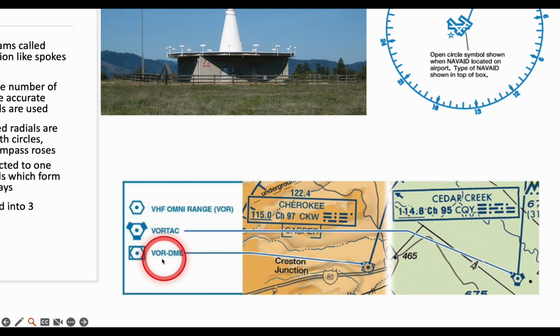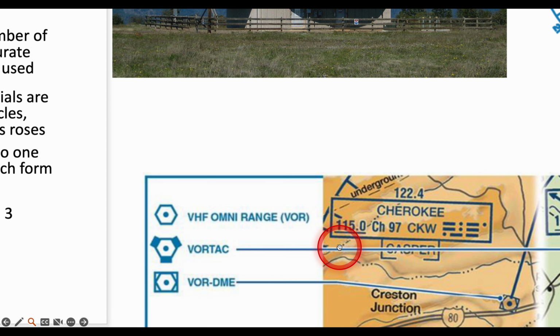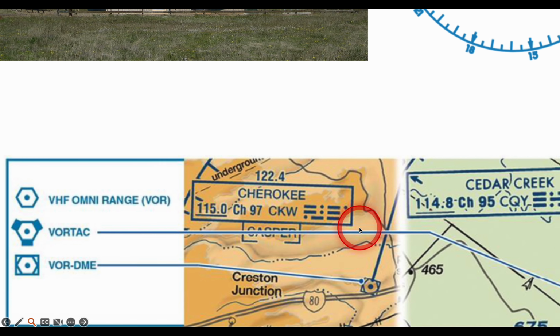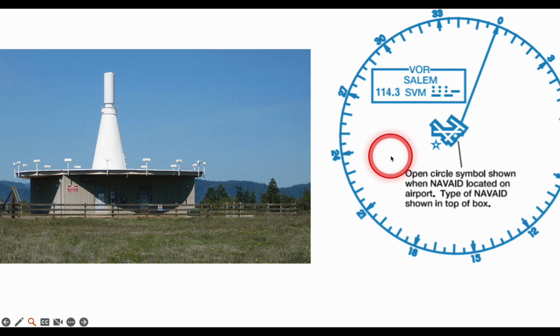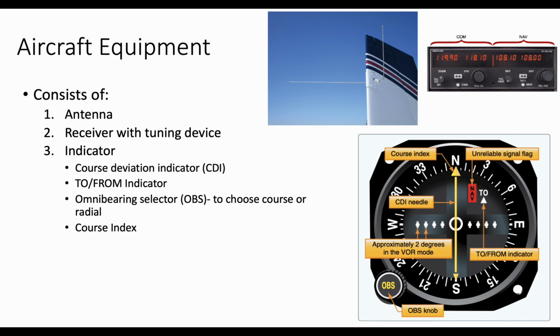And if it's a VOR plus distance measuring equipment, meaning it's able to provide your distance from the VOR as well, if you had the equipment, it's going to have the VOR enclosed in a square. Along with that, it'll also have the frequencies used for those VORs. So in the case of Salem right here, it's 114.3. So you'd put that into your navigation receiver, and you can use that to navigate.